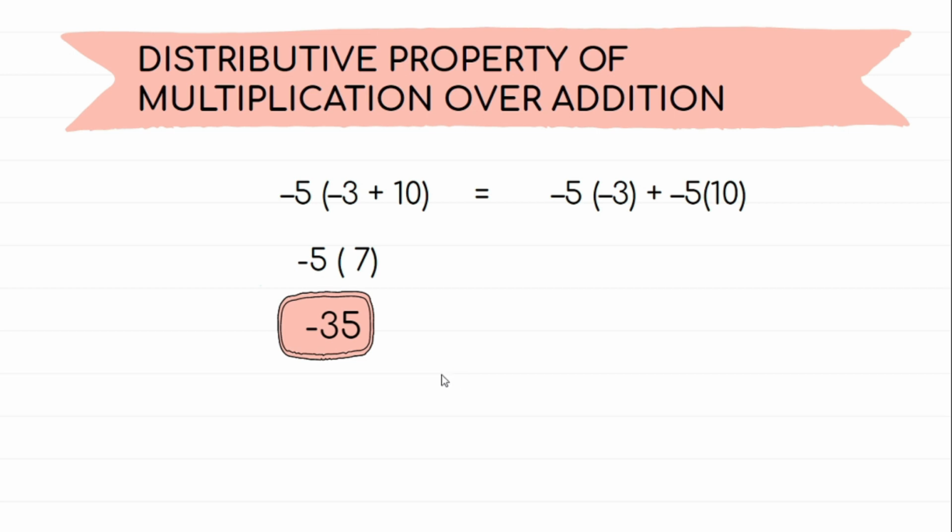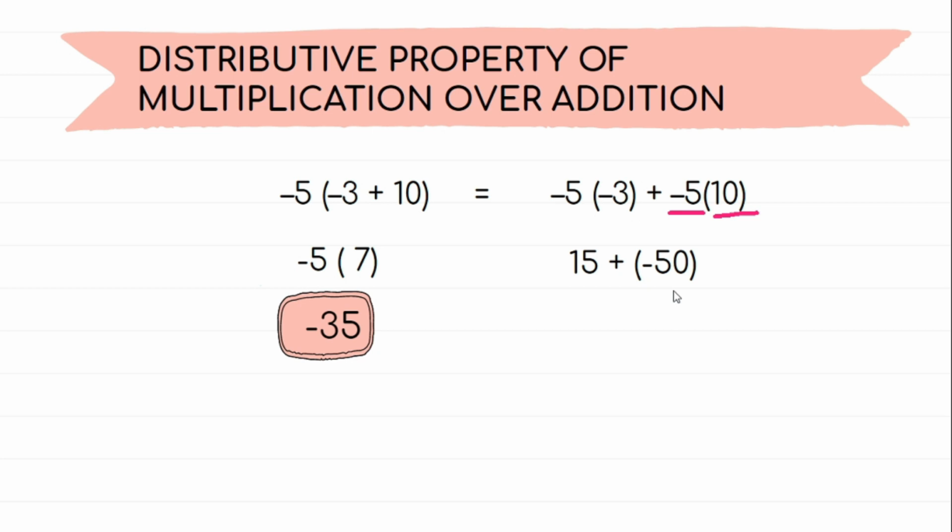Tingnan naman natin pag distribute natin. So, si negative 5 multiplied by negative 3. So, eto yan. Copy the plus sign. And then, negative 5 multiplied by positive 10. Tingnan natin kung mapupunta tayo sa same answer. So, we have negative 5 times negative 3. That's positive 15. Tama? Plus negative 5 times positive 10 ay negative 50.